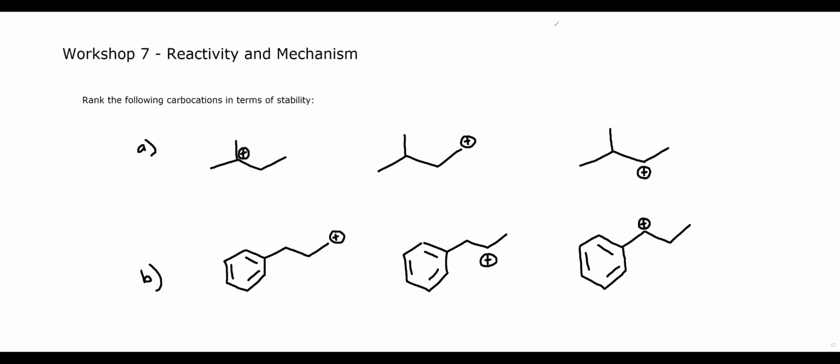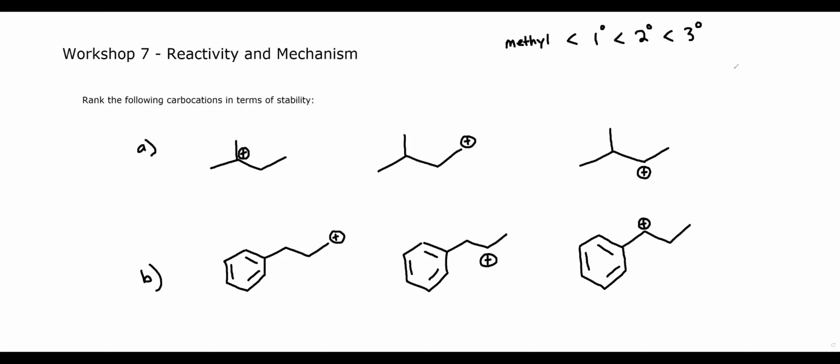So for this question, we are asked to rank the following carbocations in terms of their stability. So remember what we discussed in the previous lecture, where we talked about hyperconjugation stabilizing carbocations. Remember, tertiary carbocations are the most stable, followed by secondary, followed by primary, followed by a simple methyl carbocation.